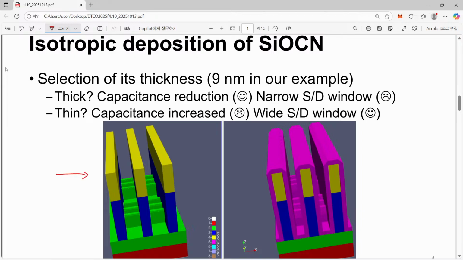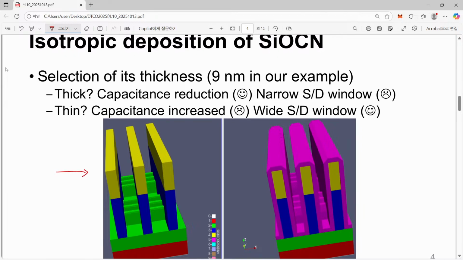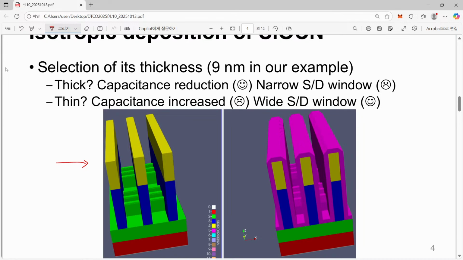That was our previous structure. Now we have 3 dummy gates, and later this part will become an NMOSFET and this part will become a PMOSFET, whatever. And now we have a hard mask. Maybe this hard mask thickness is slightly overestimated, so it's a little bit too tall, I saw a wrong number when I made it.